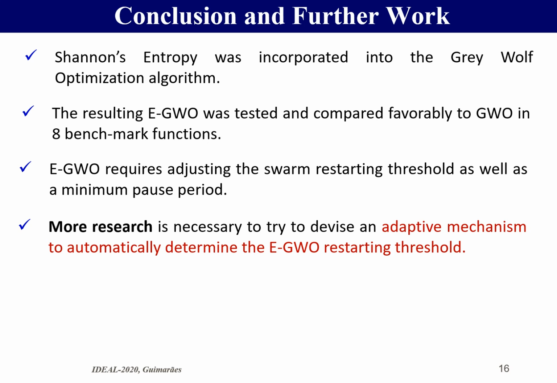These are two additional parameters that have to be adjusted for specific problems. And of course, more research is necessary to devise an adaptive mechanism to automatically determine when the entropy GWO should be restarted and what the threshold should be.